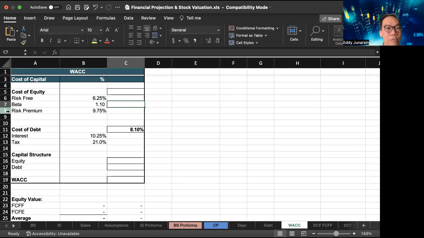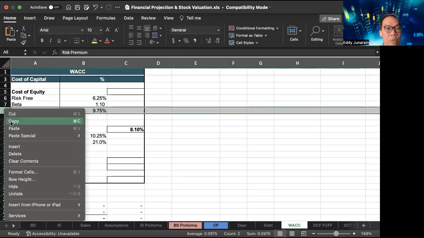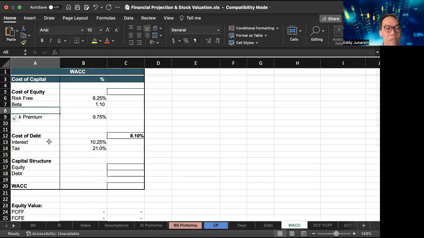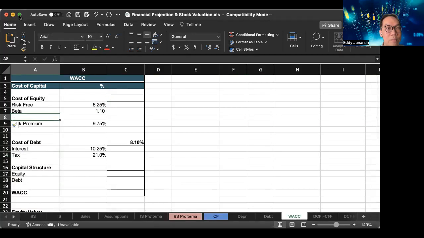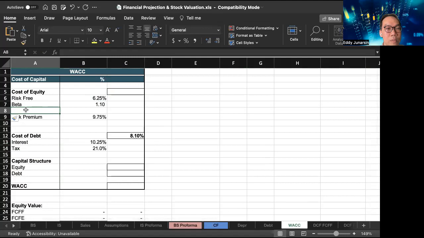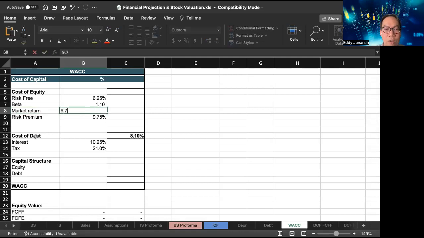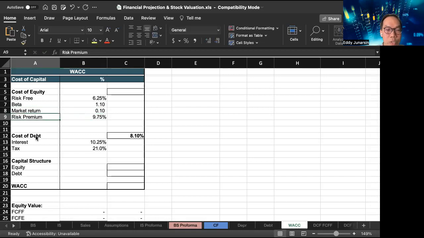Oh, maybe I have to be careful a bit. Let me do it more properly here. So market return 9.75 and risk premium. Let's do it more properly here.